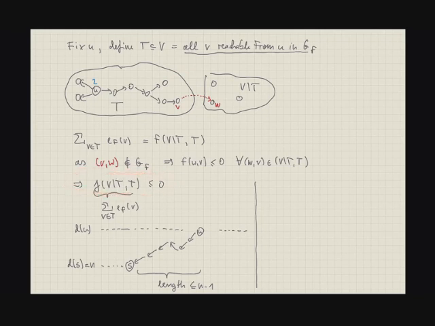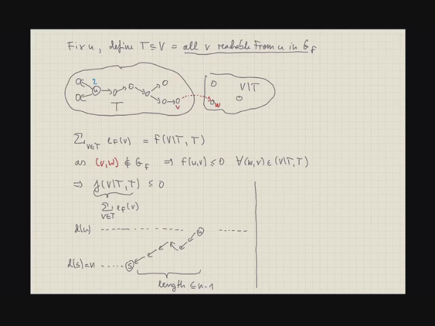Okay, so the total flow into T, but that is the sum of the excesses, and we know that this comprises at least one node with a positive excess. So if it contains at least one node with a positive excess, and the total excess is non-positive, it must contain a node with a negative excess too.